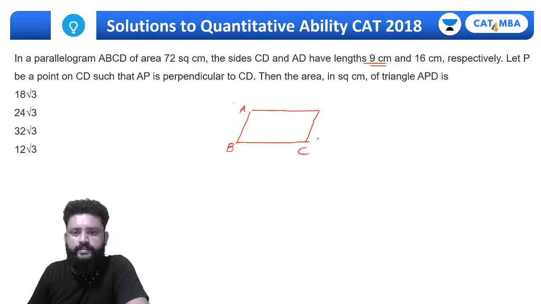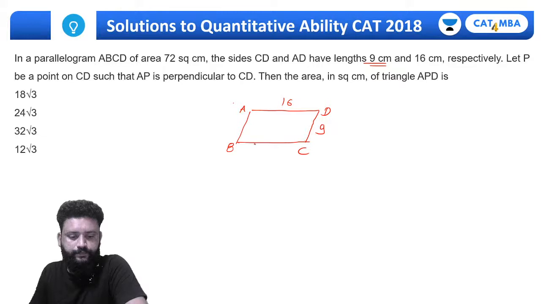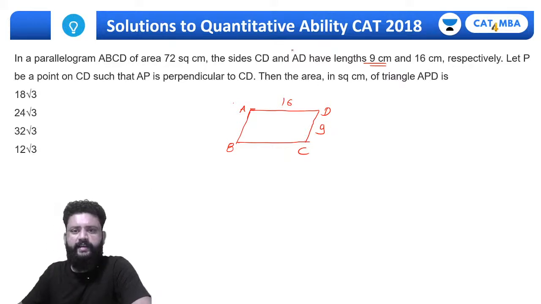A, B, C, D, AD 16, CD is 9. Then the area of this parallelogram needs the height between two parallel sides, the perpendicular distance. It can be between any two parallel lines, from anywhere, that's perfectly fine.